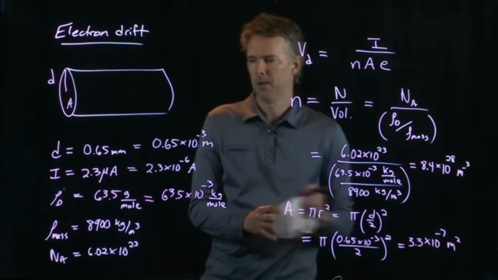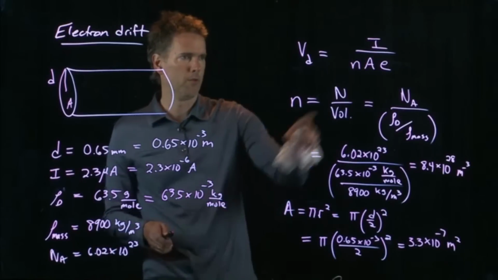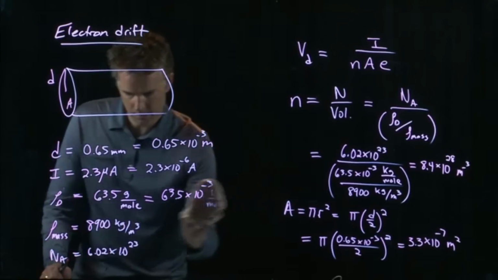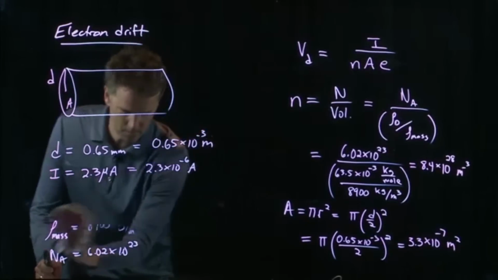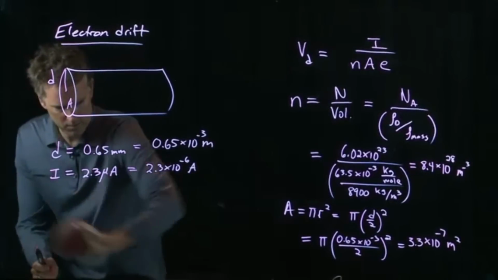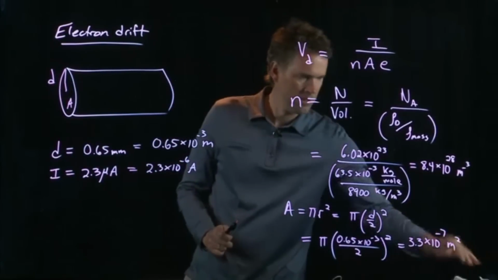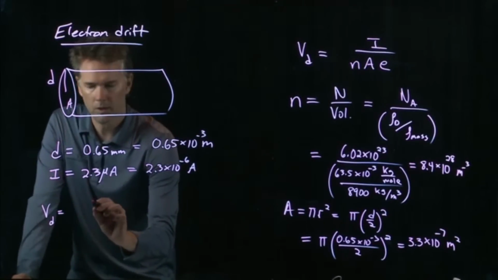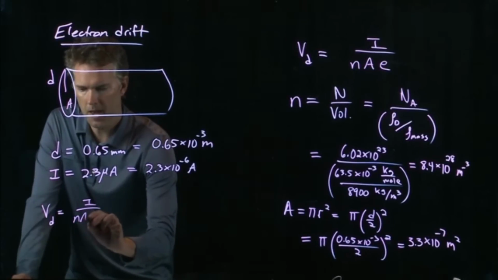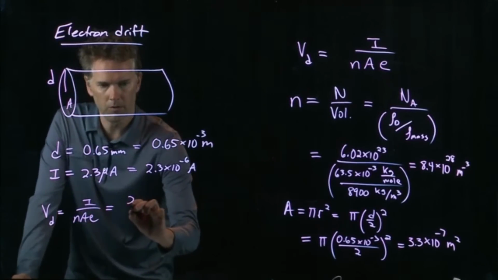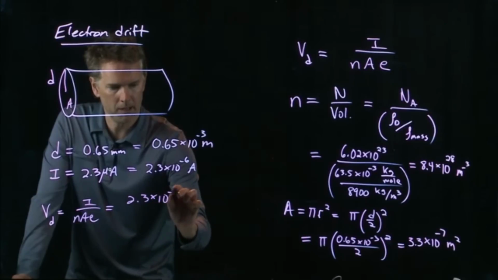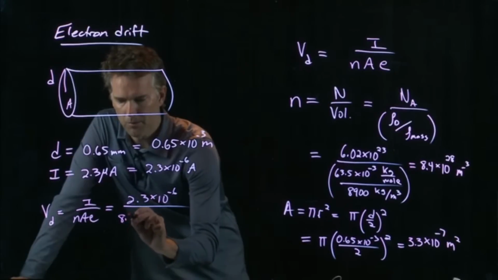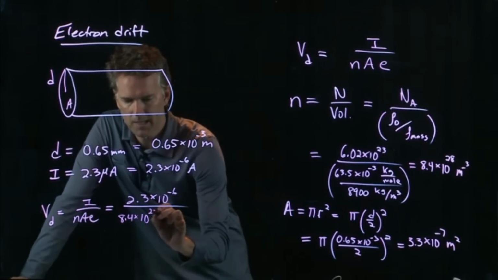Okay, and so now we should be able to put all of this stuff in for the drift velocity. So let's try that. Let's see, we don't need this stuff anymore. So we get drift velocity is current over nAe, which is 2.3 times 10 to the minus 6 divided by the number density, which is 8.4 times 10 to the 28.